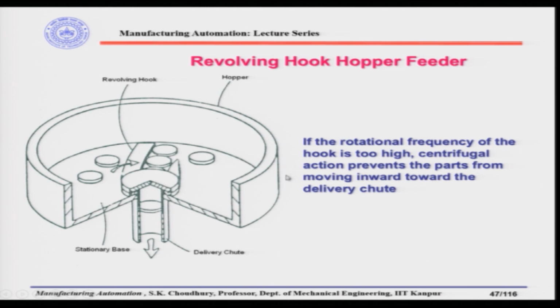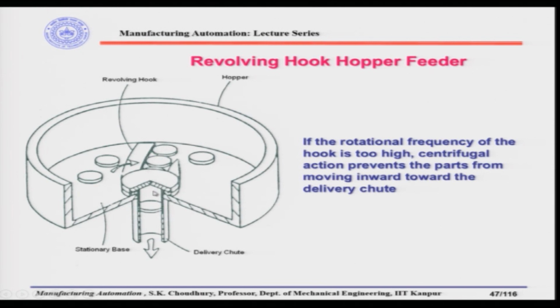Here there is another hopper feeder. This is quite simple, and it is called the revolving hook hopper feeder, because in this hopper feeder there is a revolving hook which rotates, and the base is stationary. The parts are at the base, and while rotating, this revolving hook will guide the parts along its edge.